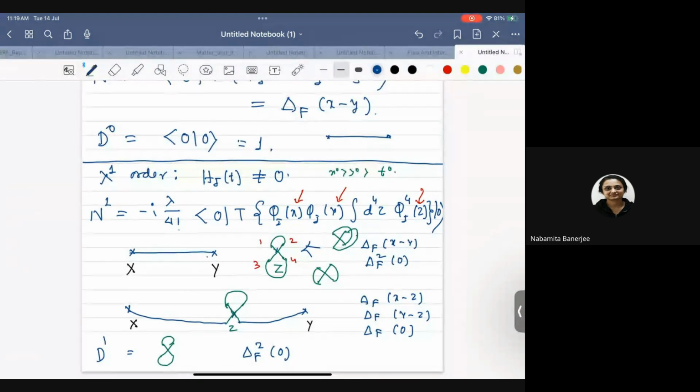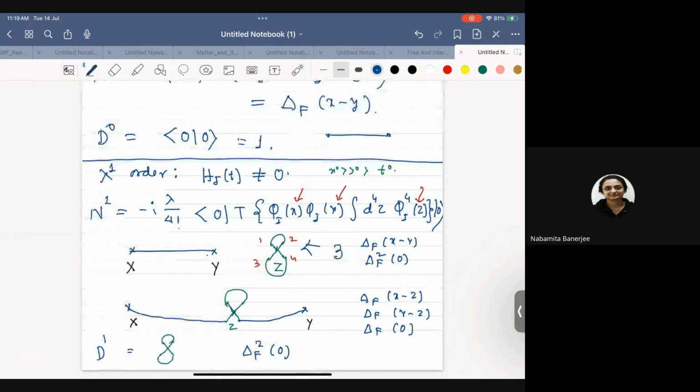Right? So if I'm just looking at the expression, all of them will give me the same expression, and that is delta f square 0, which simply says that the result that I wrote is not really correct. It is correct up to a factor of 3, because there are 3 ways of getting the same diagram.